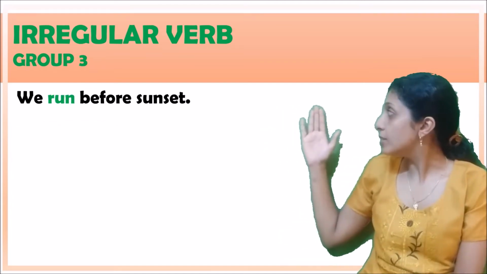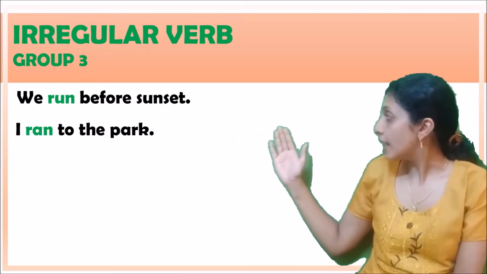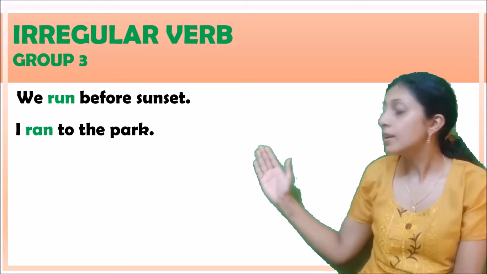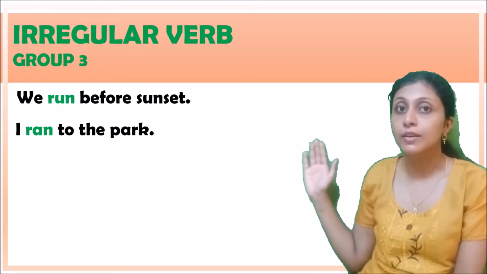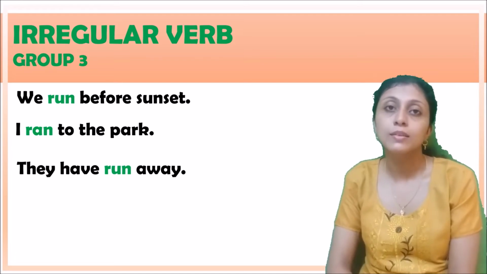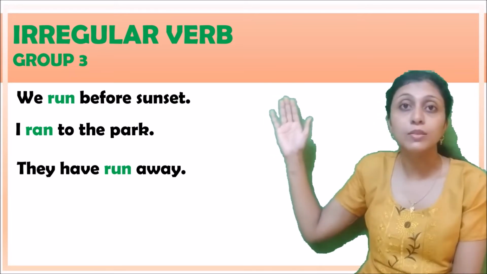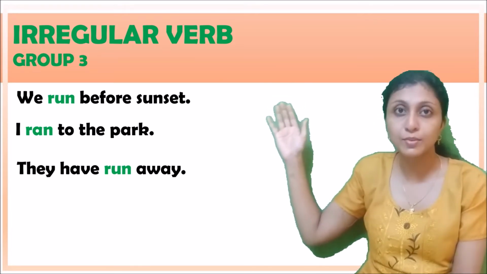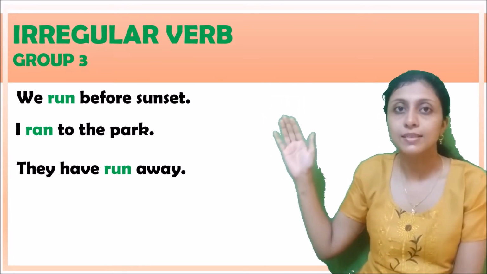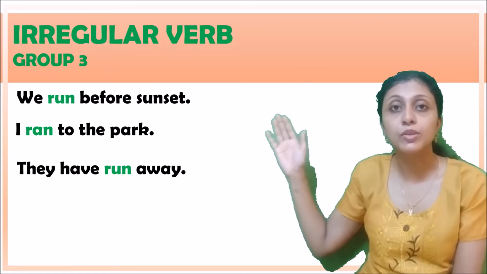We run before sunset. I ran to the park. They have run away. So in these three sentences, you can observe the verb run. In the first sentence, we've got the verb in the simple present tense, which is run. Whereas in the second sentence, it is in the simple past tense and therefore we use ran.